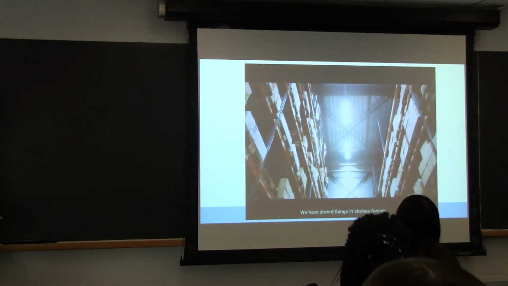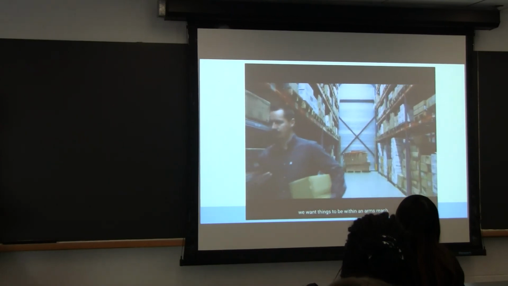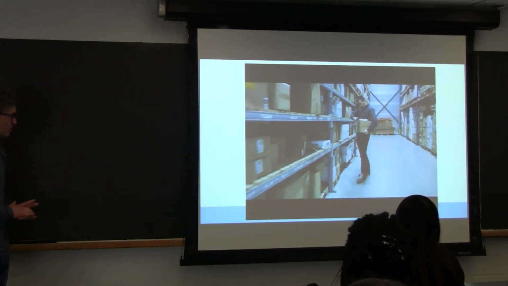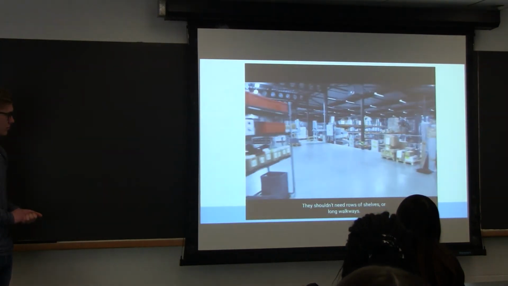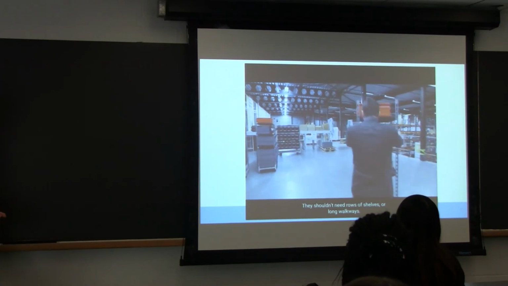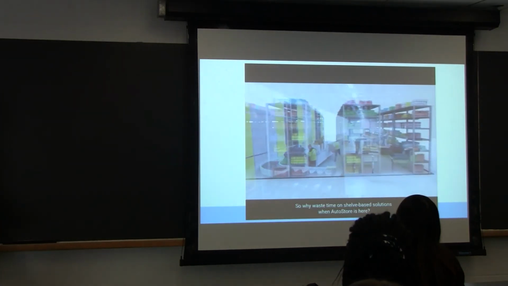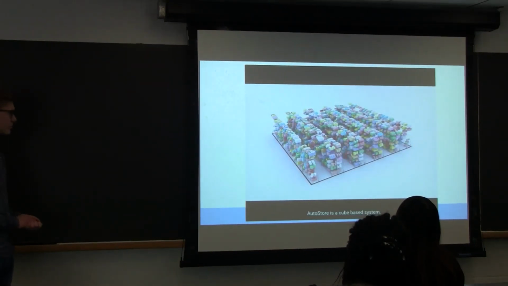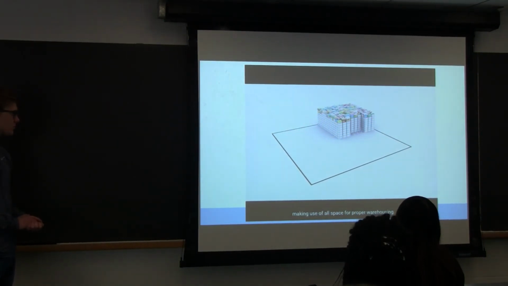We have stored things in shelves forever. It's natural to us. We want things to be within an arm's reach. Robots, on the other hand, shouldn't have to. They shouldn't need rows of shelves or long walkways. So why waste time on shelf-based solutions when AutoStore is here? AutoStore is a cube-based system, making use of all space for proper warehousing.